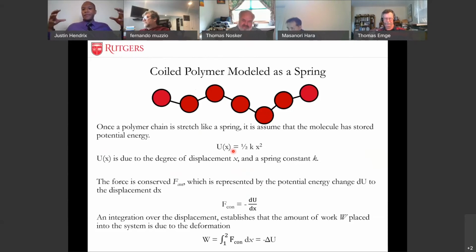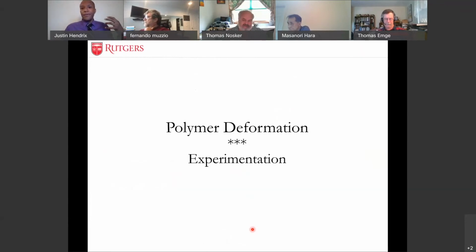If you consider that change in potential energy and assume that force is conserved, then you try to integrate that force, you realize that that's some work being done on the system. And so if I have a fluid force that's coming down and it puts work on the polymer and it elongates it, then that elongation is my change in potential energy. And so we're going to use that concept to try to interpret some of the things that the polymer undergoes under extensional flow.